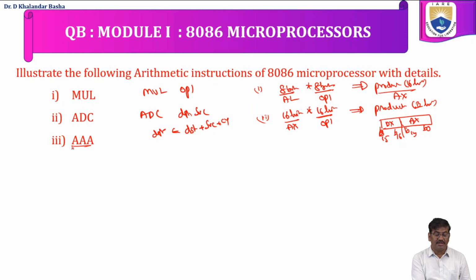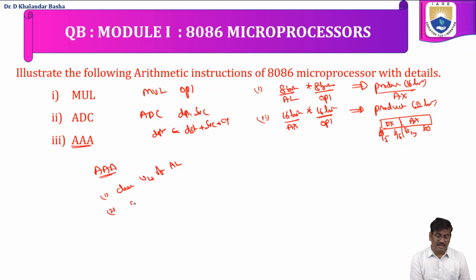The next one is the AAA instruction, which is ASCII adjust after addition. It is a 0 operand instruction. This instruction is used to convert the result after addition, that is the sum in the AL register, into unpacked BCD. The steps it follows: first, clear the upper 4 bits of the AL register.